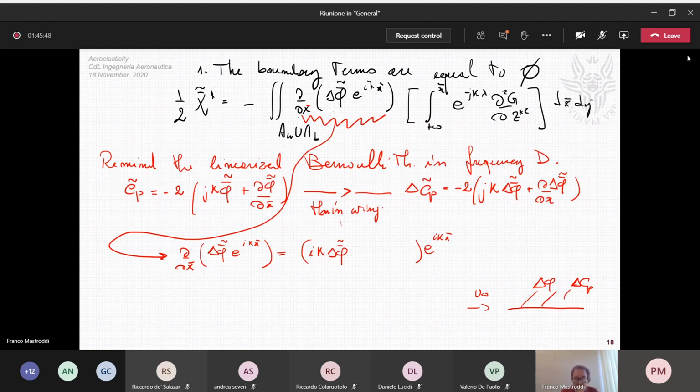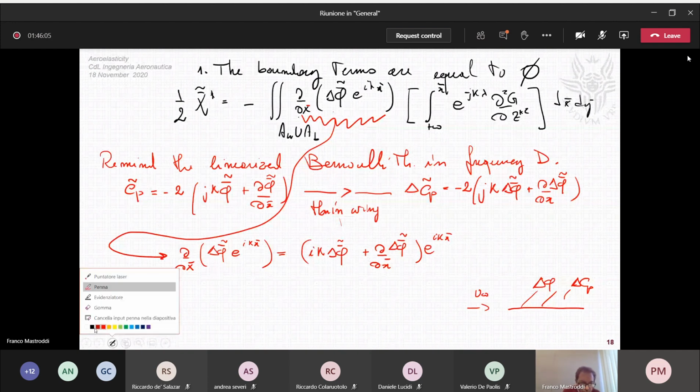But we have also to derive the other delta phi, so we have the derivative with respect to x bar of delta phi. So this derivative is equal to this quantity, but this quantity is something similar to this quantity.